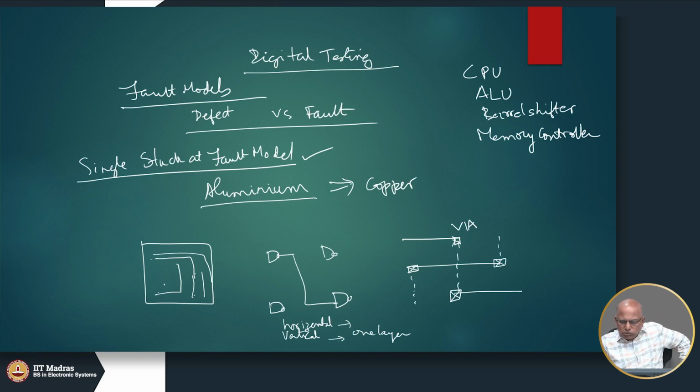Today it is common to have more than two layers. In the early days they used to have two layers, but now it is possible to have many layers. This is true both in PCBs as well as in VLSI circuits. So if it has to go through many layers, there will be many vias.